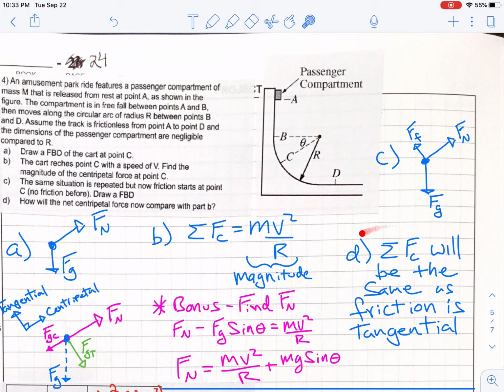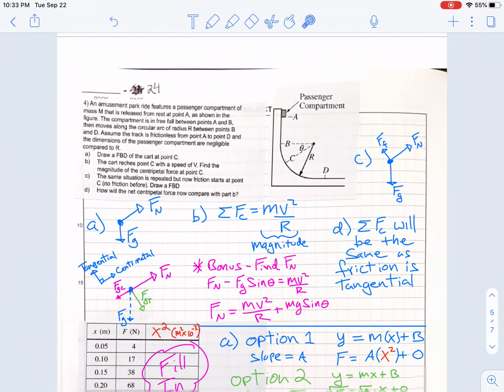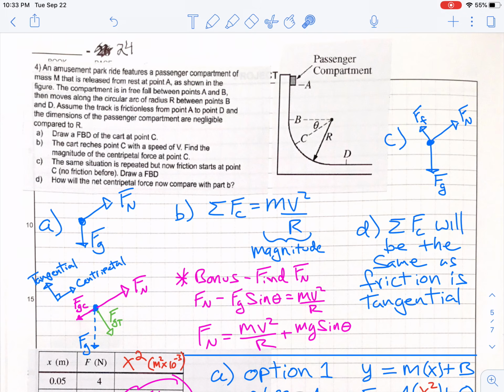So this result here for part D is really only true if it's at the first instant you encounter friction. If it was some time later, the normal force would be different, but the other components would be a little different as well, because you would have changed the angle theta. So complicated situation, but there's a little glimpse at it.